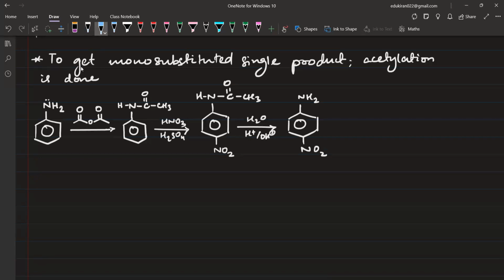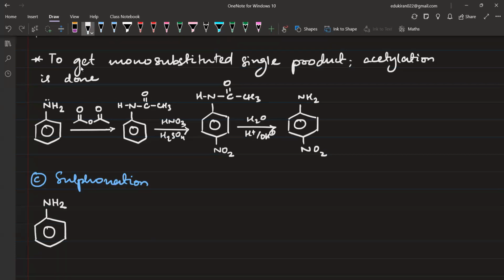Next reaction is sulfonation. So in sulfonation, the reagent used is concentrated H2SO4. NH2.